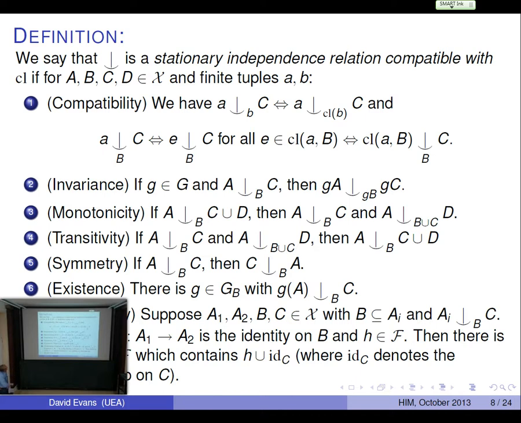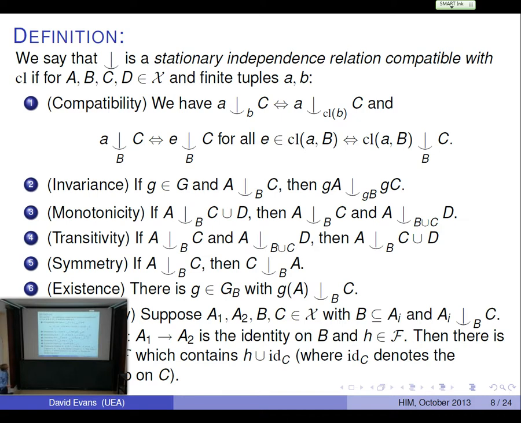And you can see various other things. Basically, I can just apply closure to any of the symbols decorating this anchor sign, and it should not affect the truth or otherwise. Okay, the second is perfectly reasonable. I want it to be invariant under the action of the group. So if A is independent from C over B, then gA is independent from gC over gB.